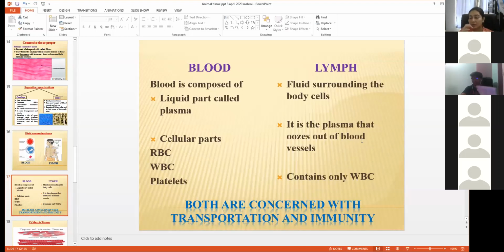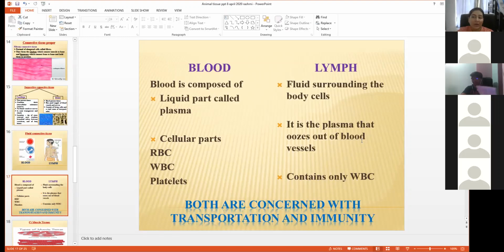Okay. So what happens, students, when the plasma oozes out of the capillaries, it is taken up by those lymphatic vessels and goes back into the circulation. Because if there is too much plasma around the tissues, that particular organ or cell starts swelling up, and if it swells up, it will make you sick.